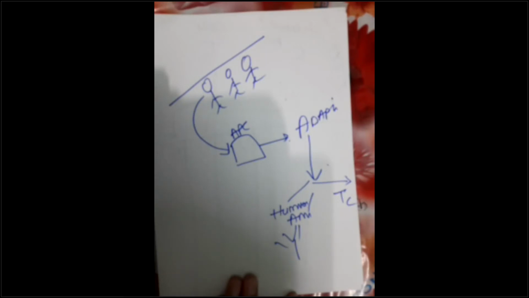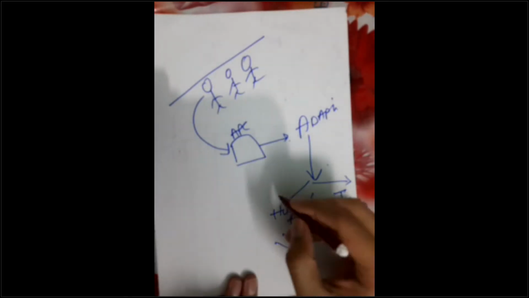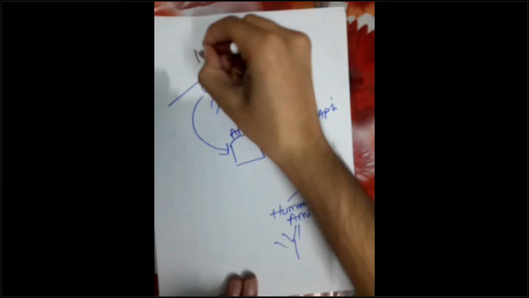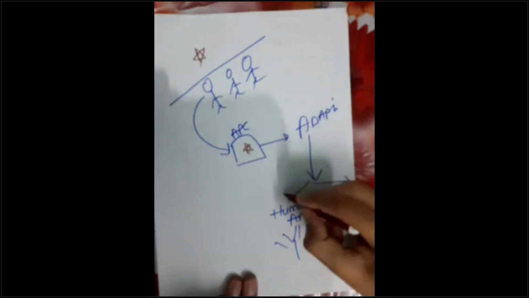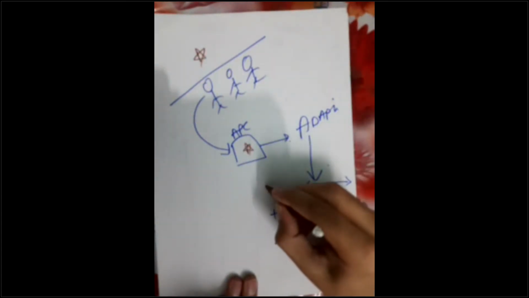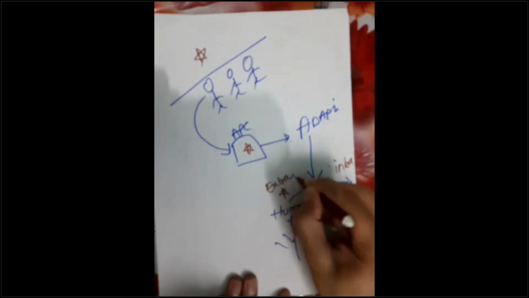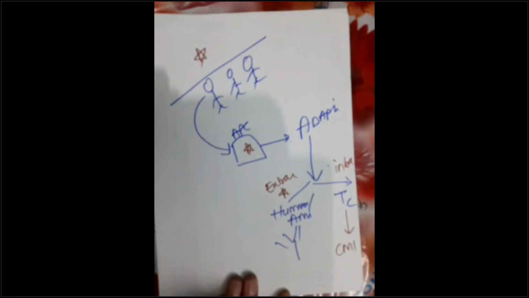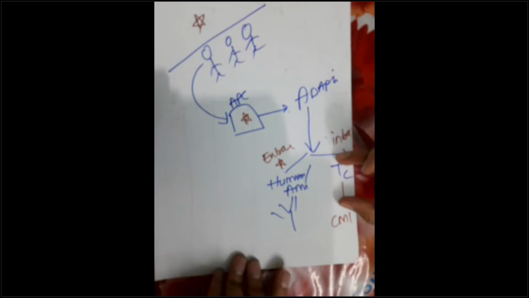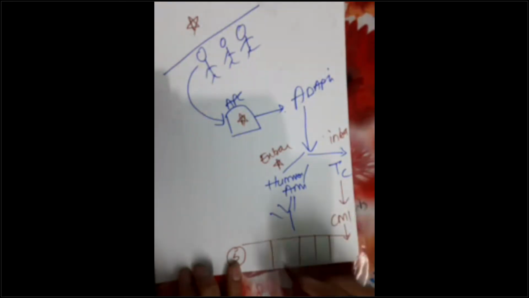Whenever the offending agent is intracellular, your TC cell mediated immunity will take place. Whenever it is extracellular, your humoral immunity will take place. Now, how will humoral immunity and cell mediated immunity kill the bacteria? By 5 processes. The 5th process is by cell mediated immunity. The first 4 processes are by humoral immunity.